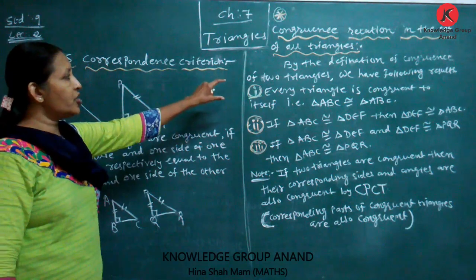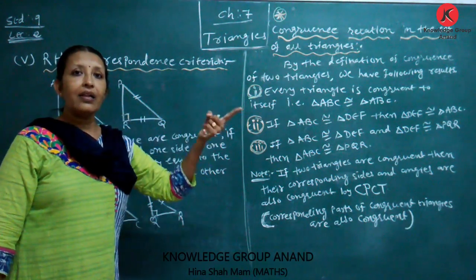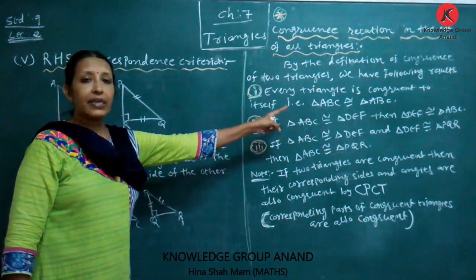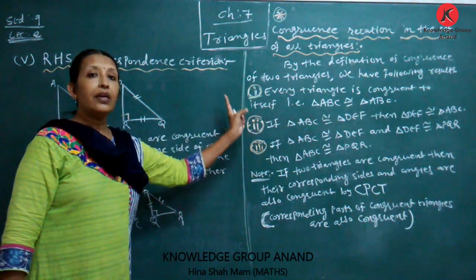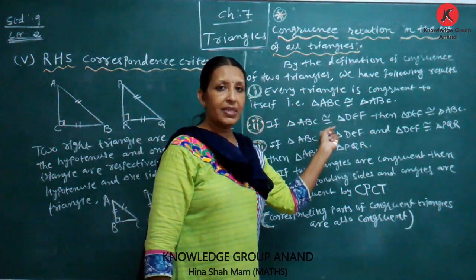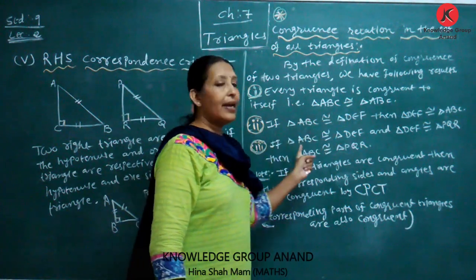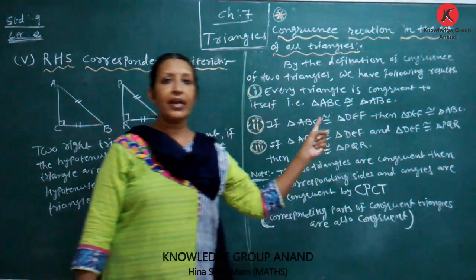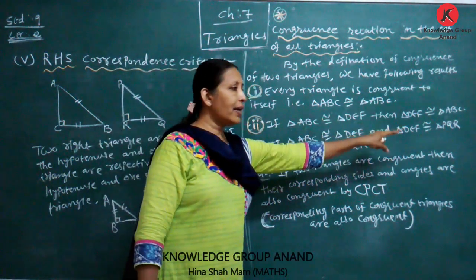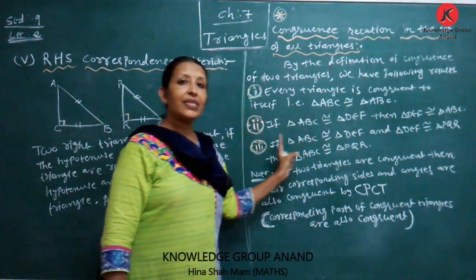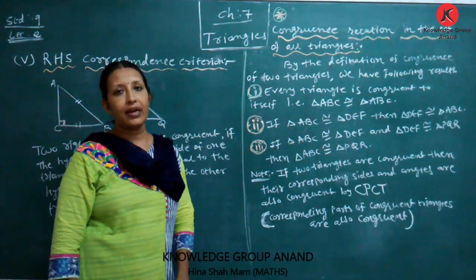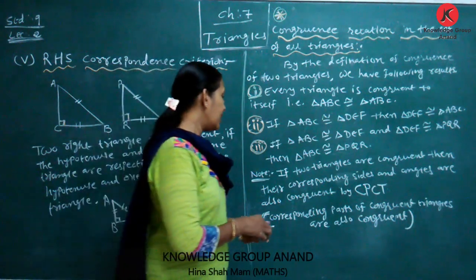Here are three relations: a triangle is congruent to itself; ABC congruent DEF, then DEF congruent ABC; and the transitive relation.